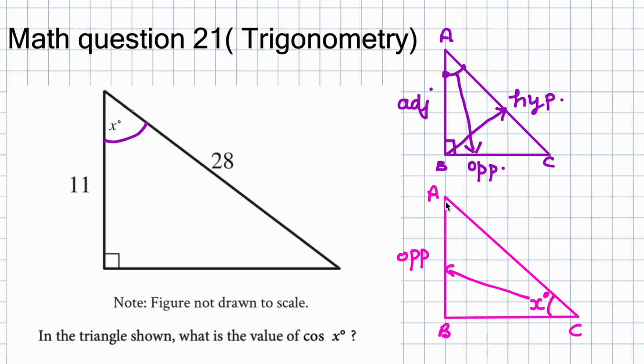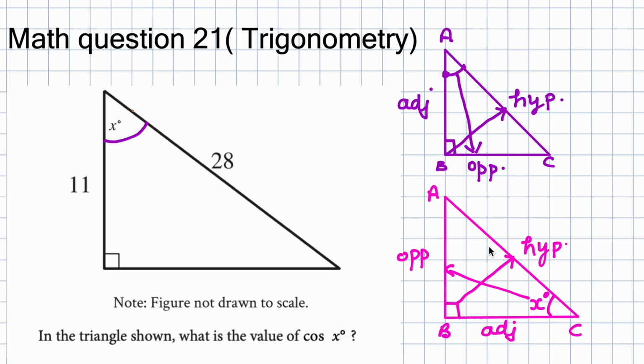We have changed nothing. A, B, C are as they are, but where the angle is, accordingly opposite and adjacent change their places. Hypotenuse is always the same. It is always the side opposite to 90 degrees. So AC is the hypotenuse, and BC is now adjacent because it is touching the considered angle.